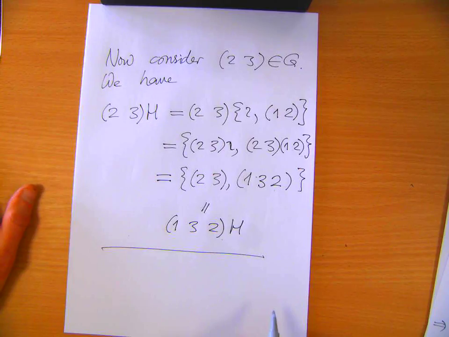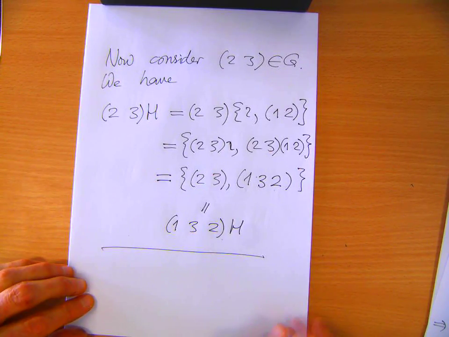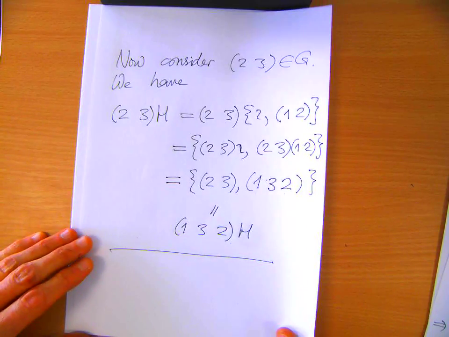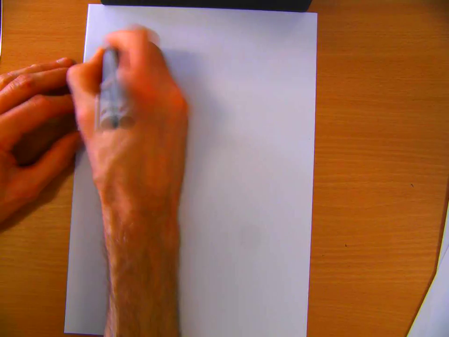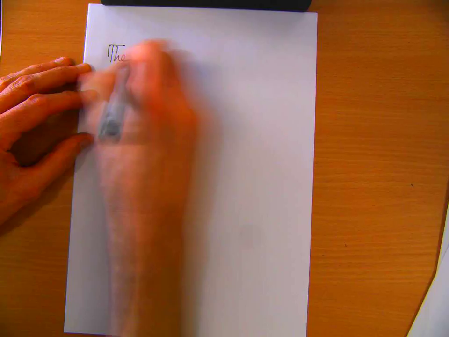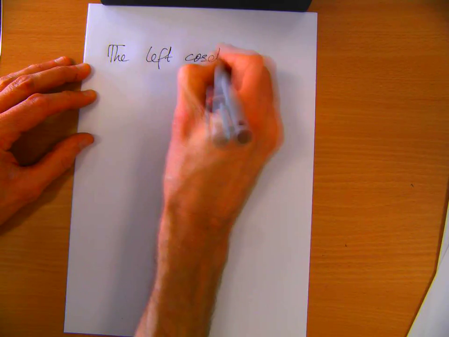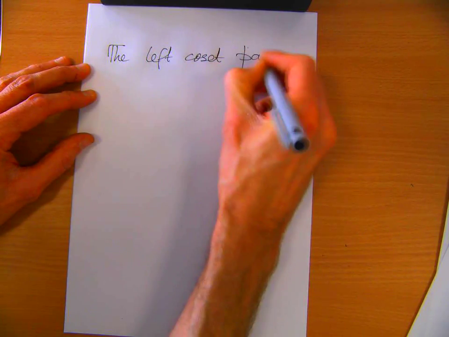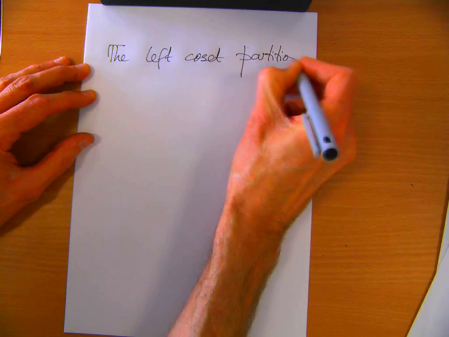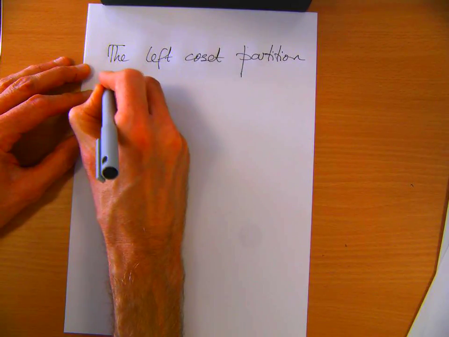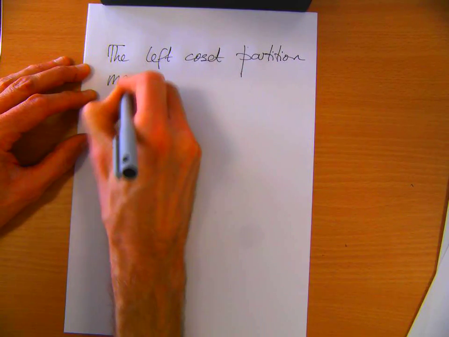So we've now got our left coset decomposition. So we can draw our bar of chocolate picture. So the left coset partition may be represented as follows.